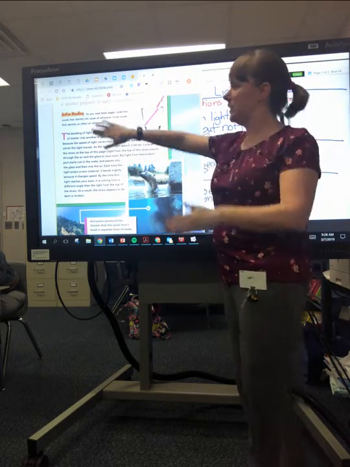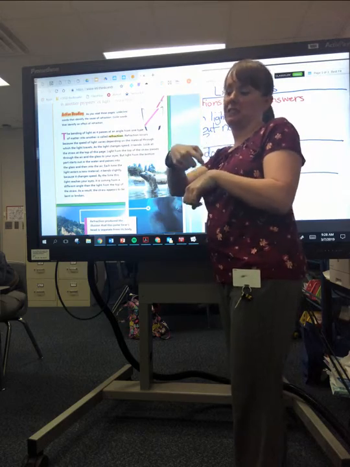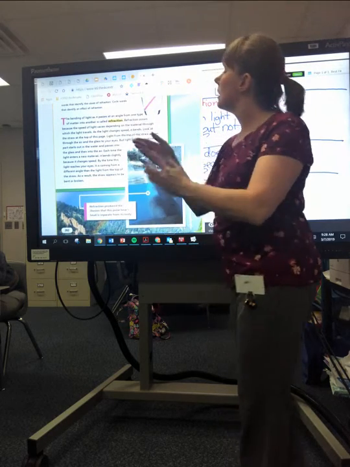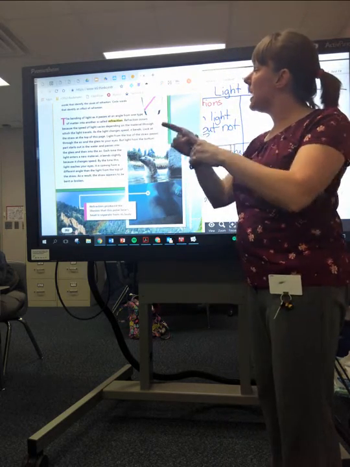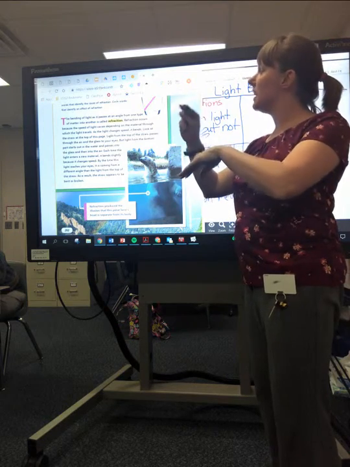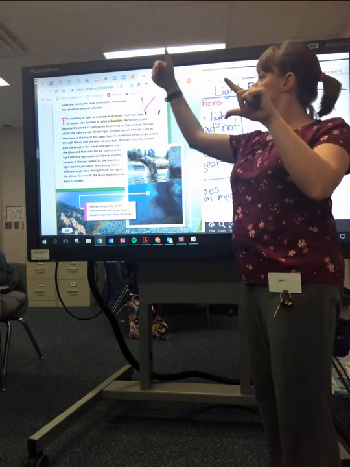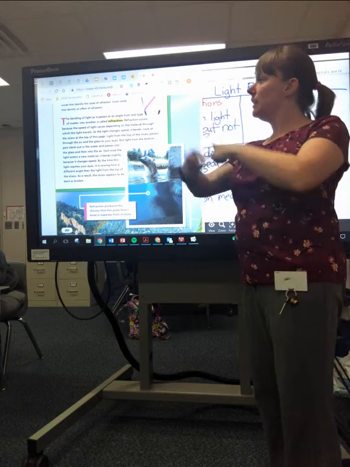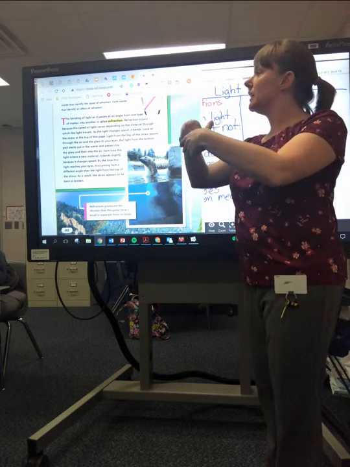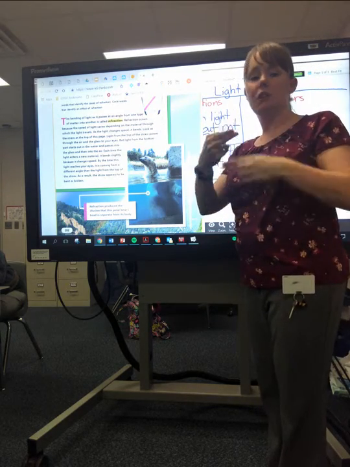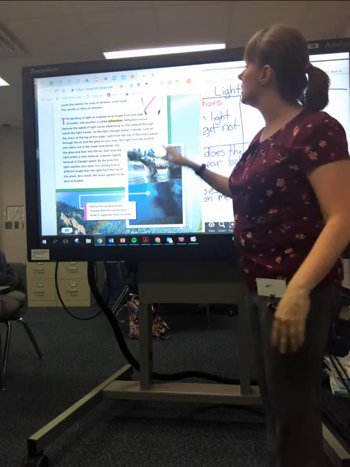That's the active reading part that we're not doing this time. The bending of light as it passes at an angle from one type of matter into another is called refraction.